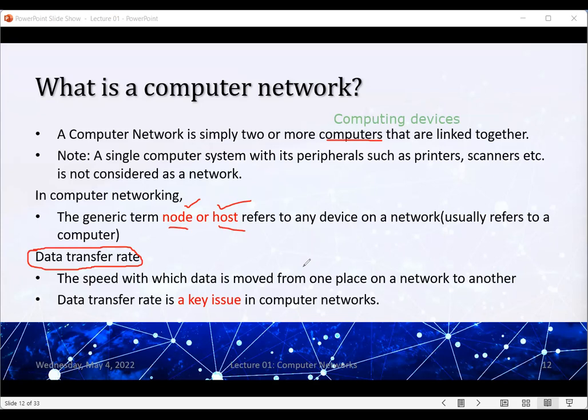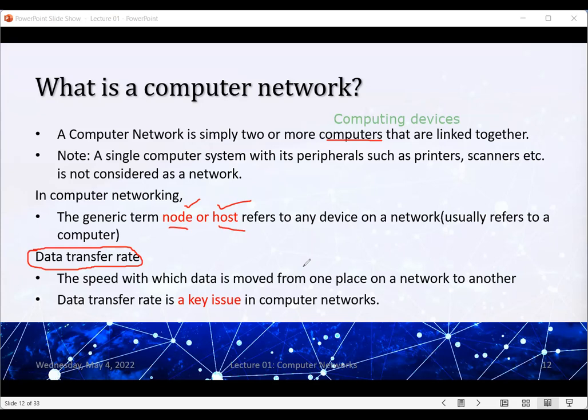Then you will see that as byte per second, bit per second. Every time, the speed at which the data is sent from one location to another, we call it the data transfer rate. In a computer network, the key issue is the data transfer rate.